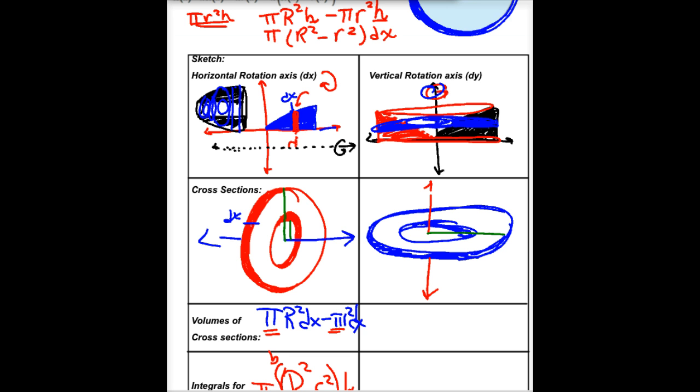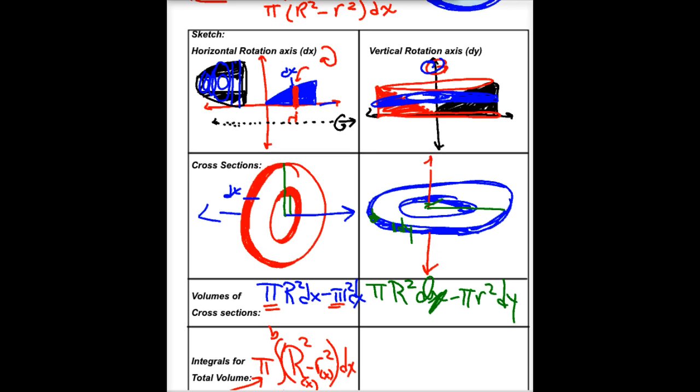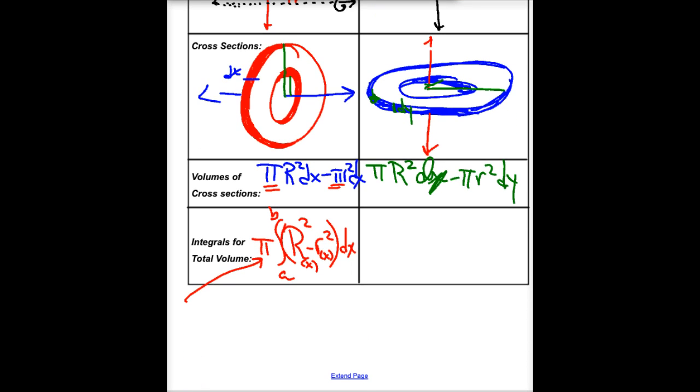On here, they're going horizontally, so that's big R and that's little r. So I would do pi big R squared h, but now my differential is y axis parallel. So my height is dy, minus pi little r squared dy. It's just a cylinder minus a cylinder, really.